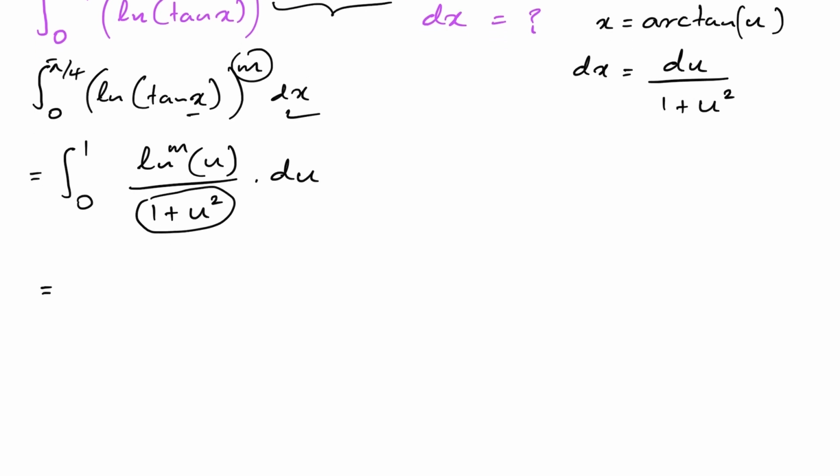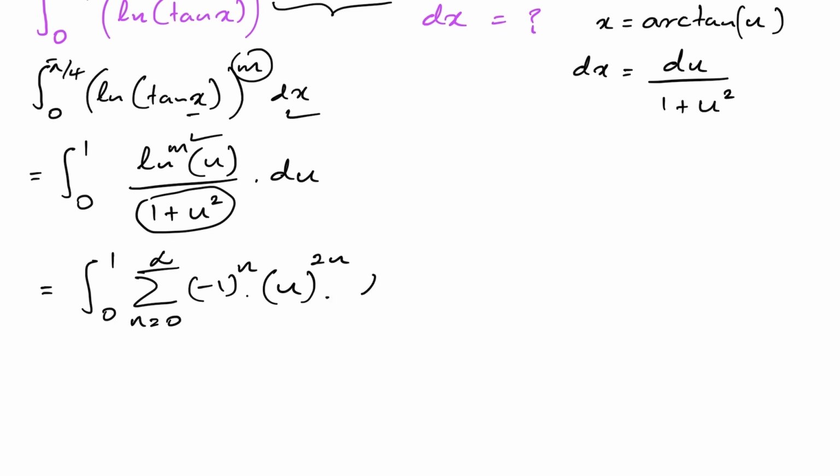We can write the integral from 0 to 1 of the sum from n equals 0 to infinity of minus 1 to the n times u raised to the 2n, times natural log of u raised to the m power, du.